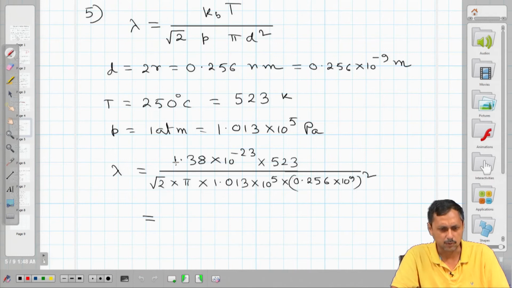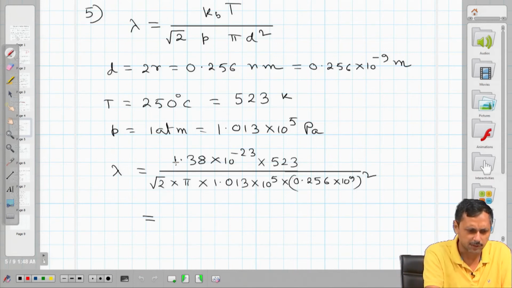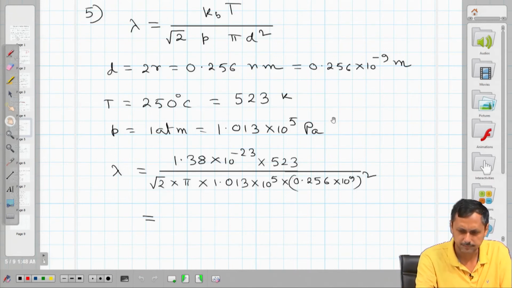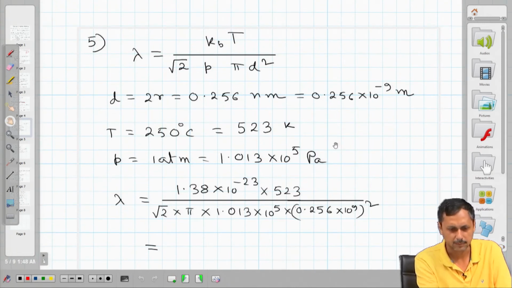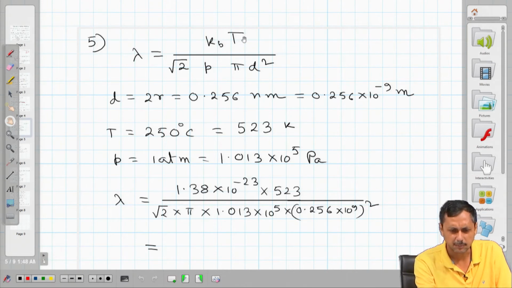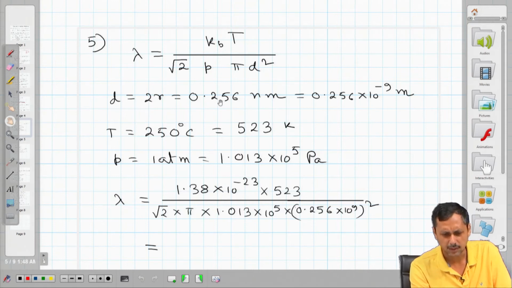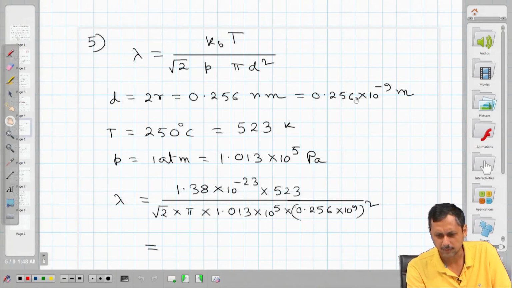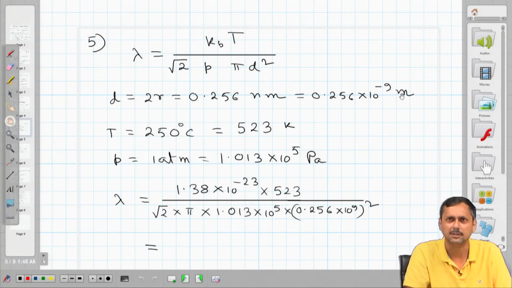So, what we need to do is use this particular equation, which is kBT by root 2 p pi d square. d is equal to 2R, which is 0.256 nanometer, which is equal to 0.256 into 10 to the power minus 9 meter.